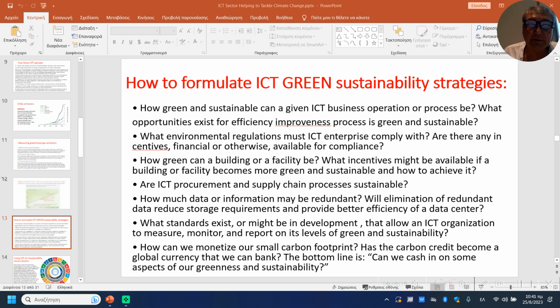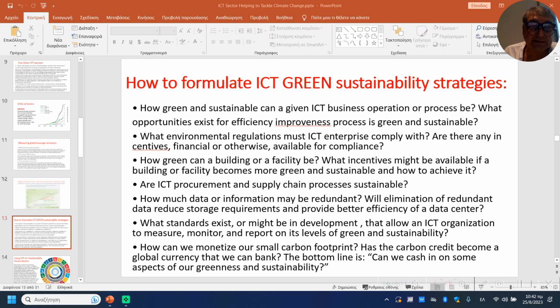What environmental regulations must ICT enterprises comply with? Are there any incentives, financial or otherwise, available for compliance? How green can be a building or a facility? Are ICT procurement and supply chain processes sustainable? How much data or information may be redundant?